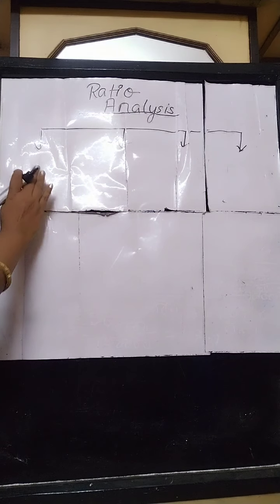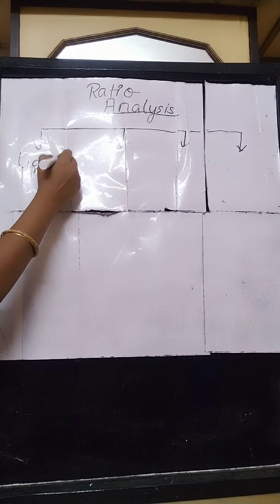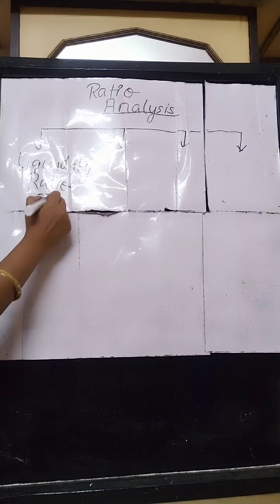Number one, the first important category under this ratio analysis is called liquidity ratio, which is the most important ratio.